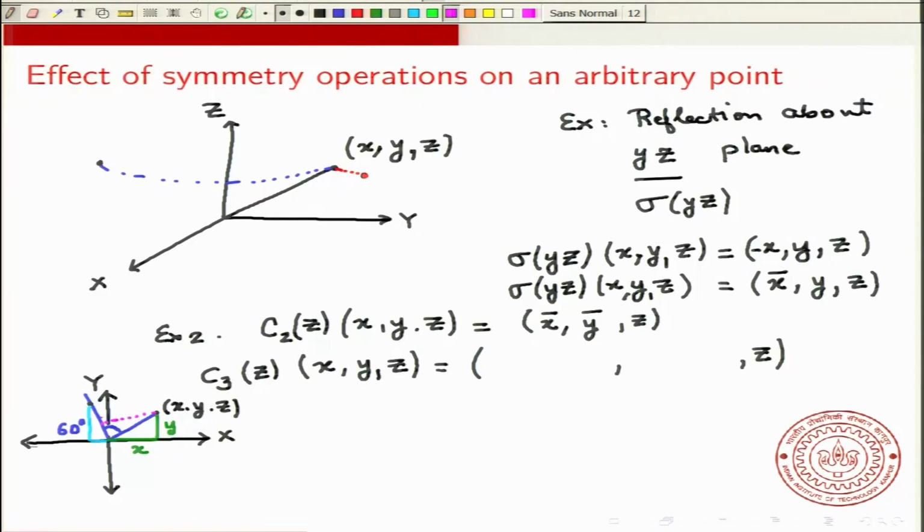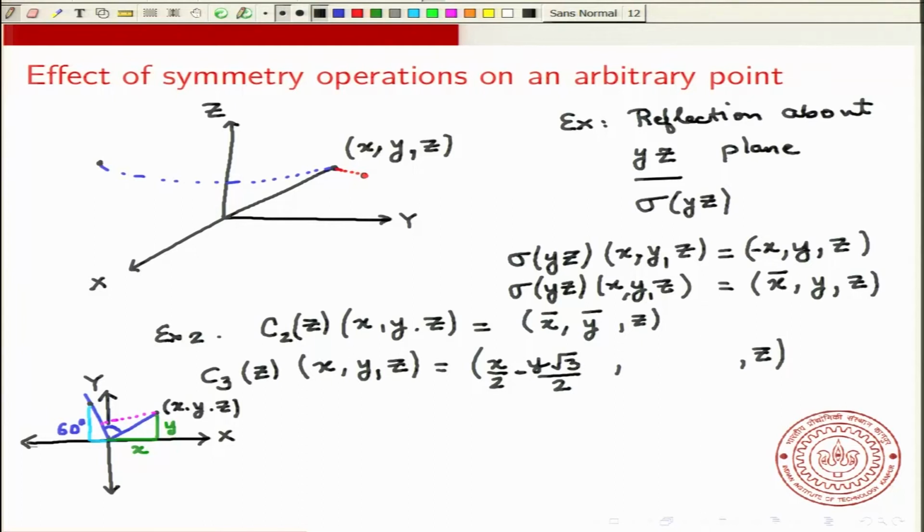You can eventually work this out and you will get something like this: x by 2 minus y root 3 by 2.